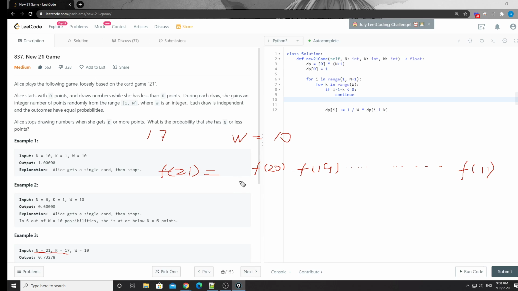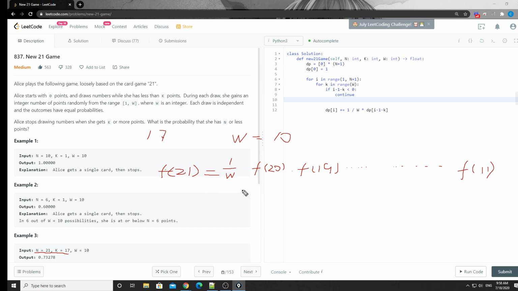And then when we calculate 21, all we need is to summarize everything, and in the end we times this probability 1 divided by W, right? But will this work? So there's an issue here, right?